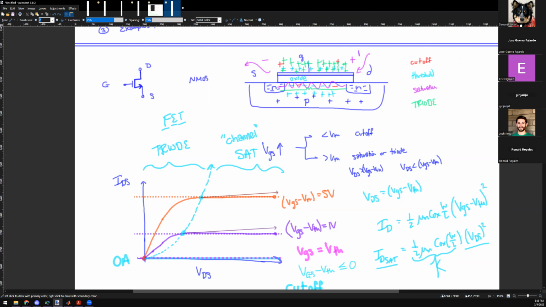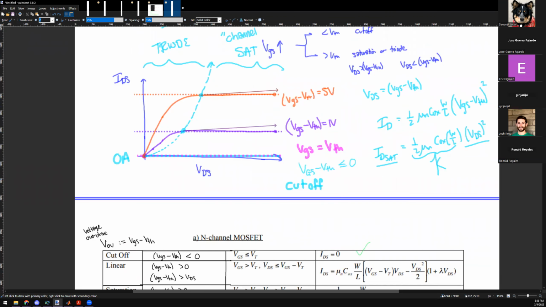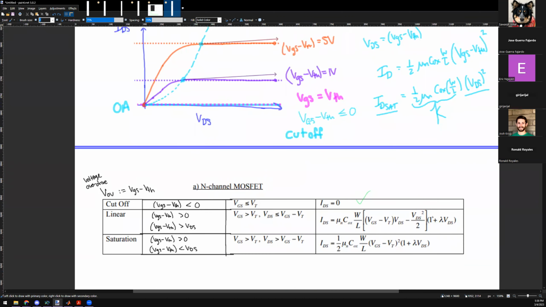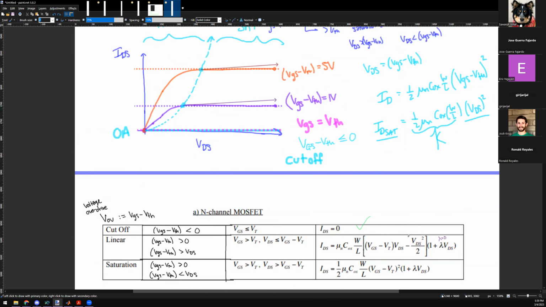So there is a slight slope, and this lambda factor is very, very small. If lambda is 0, this term is removed, it's just multiplied by 1, and you get back the flat lines. Lambda is typically very small, an extra bonus factor from V_DS.